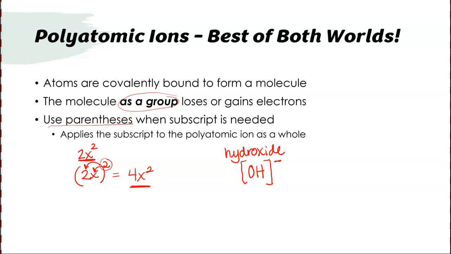So that means that when you're using hydroxide in a formula, if you have to have more than one of them, you want to use parentheses. So 2 hydroxides means you have 2 of these. And if you had simply written OH2, that just looks like you wrote water weird. So we want to make sure that we're keeping track of our polyatomic ions.